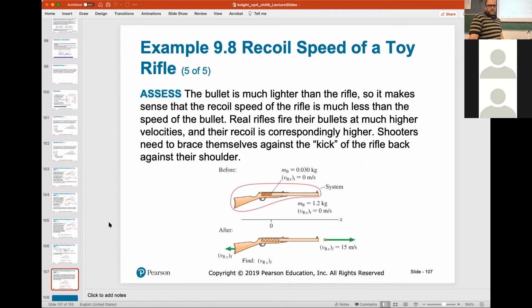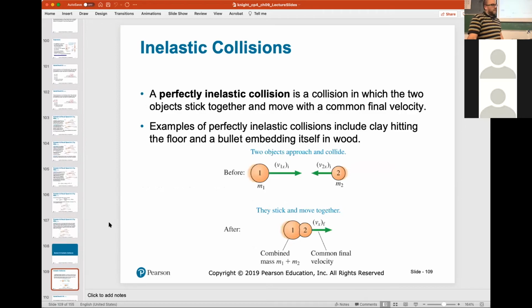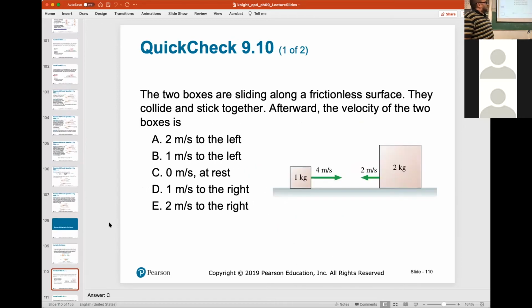Okay, so let's talk about inelastic collisions. So this is when two things stick together. They collide and they stick together. Okay, so this is similar to what we had before. Right now, the blocks are sliding towards each other.